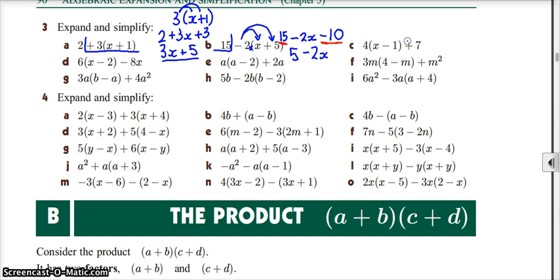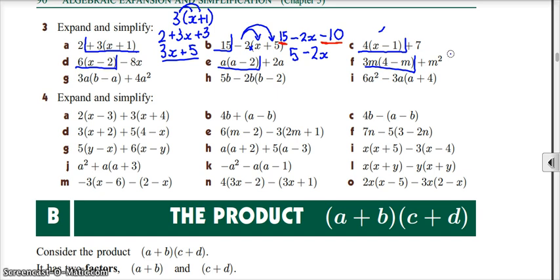Here, it's on the end. So I'll just do this now. Okay? I'd just do this bit. When I look at this one, it's negative 8x. So I'd just do that to start. Here, I'd just do that to start. Are you catching the rhythm of what I'm doing here?